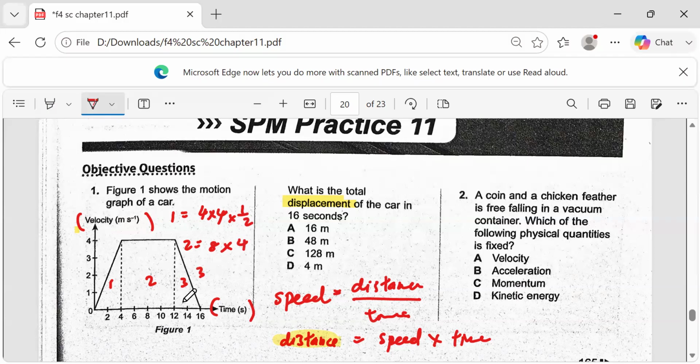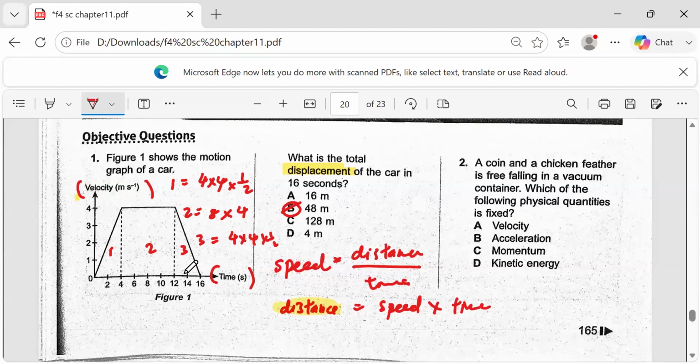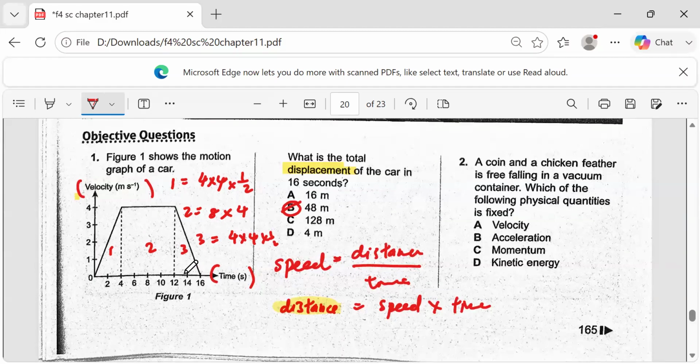And part 3 is 4 multiply 4, but it's also half. You add these three together, how much? 48. Did you get that? Do you understand now? Yeah. So when it's a graph of velocity against time, the distance traveled is basically the area below the graph. You count and see, correct?